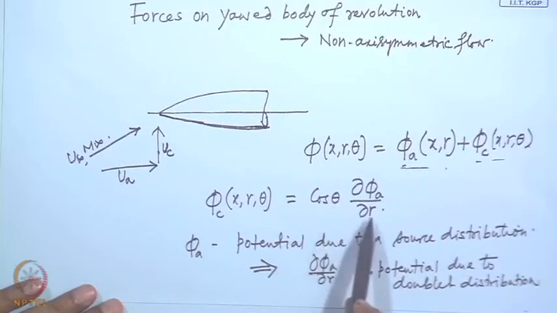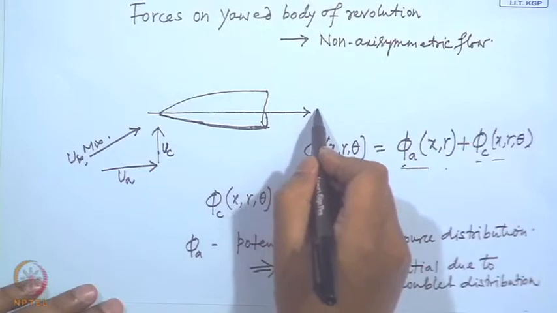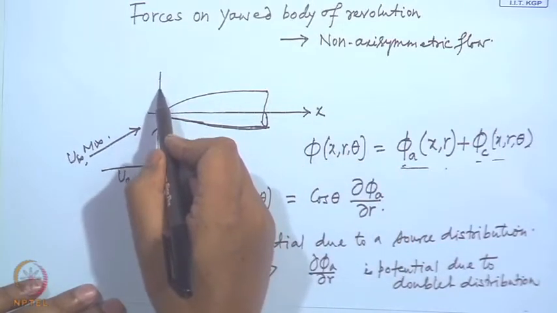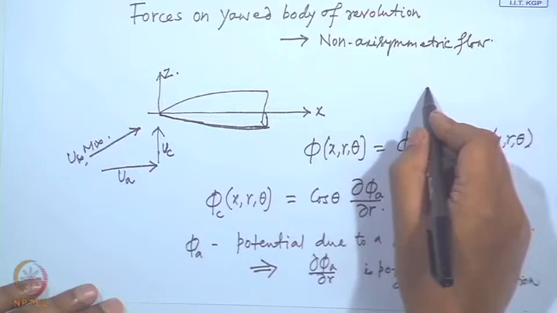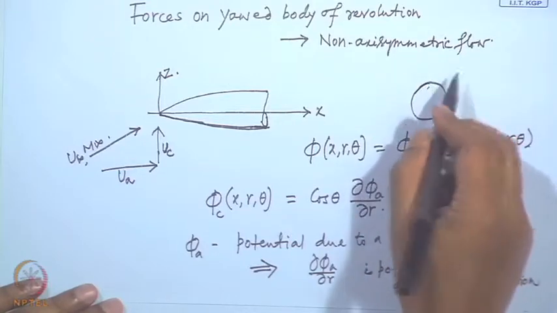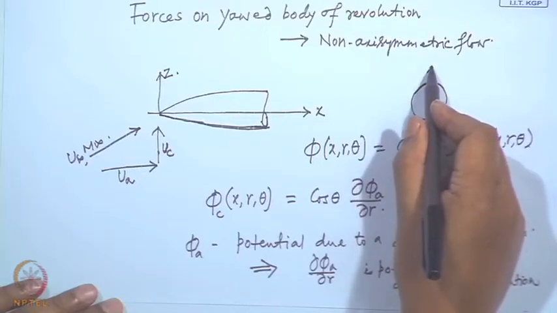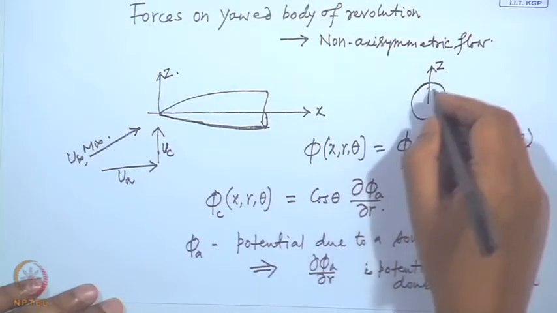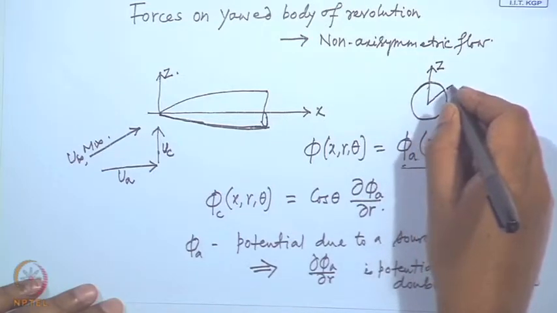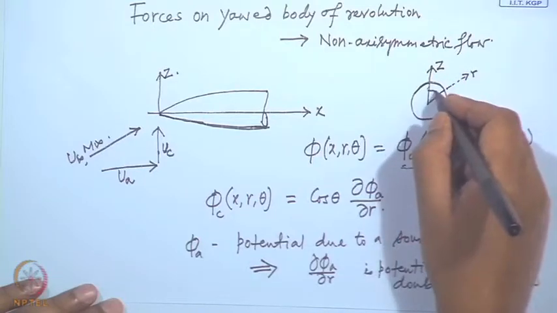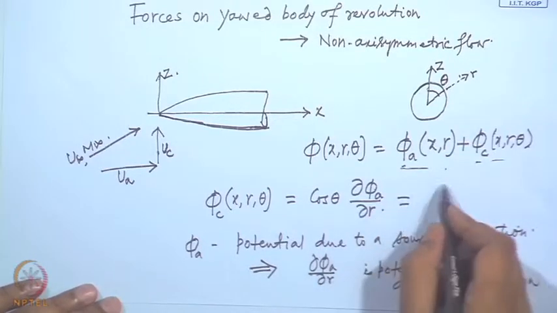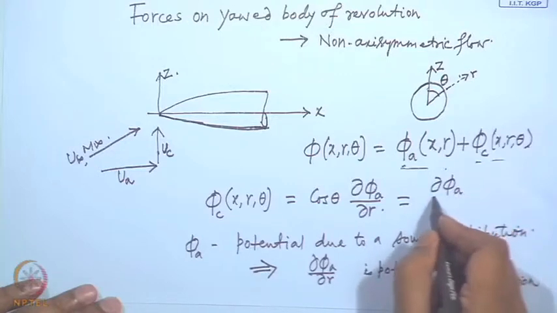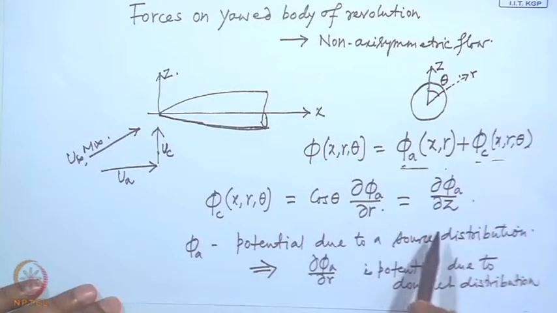And cos theta d phi a dr can also be written as d phi a dz, which implies that this doublet distribution has its axis along z.